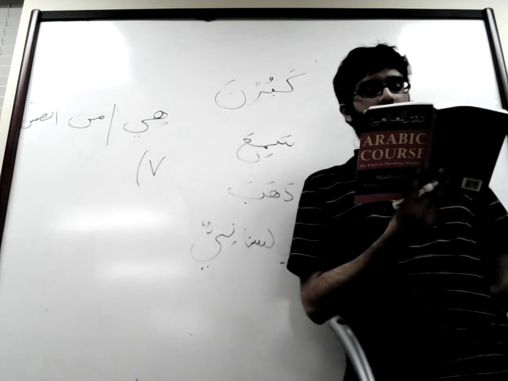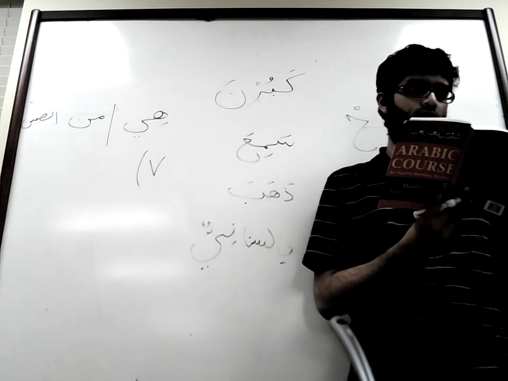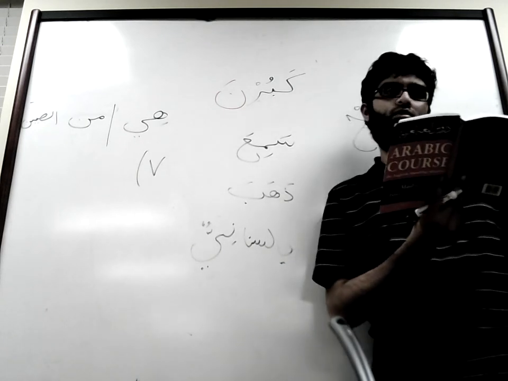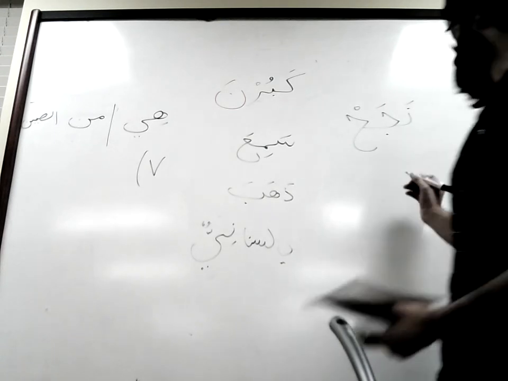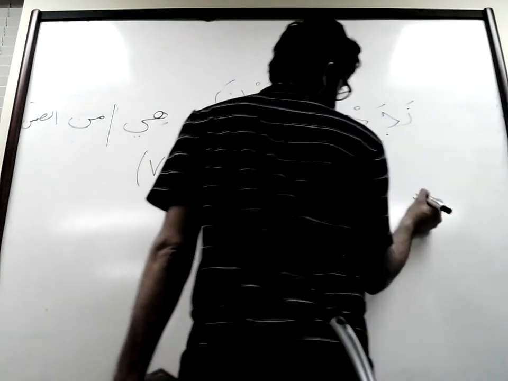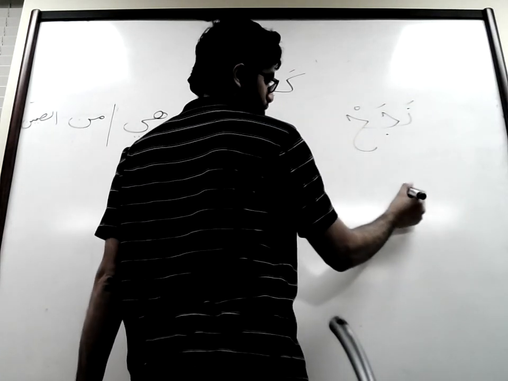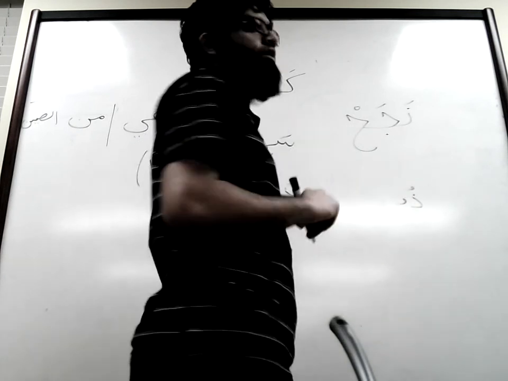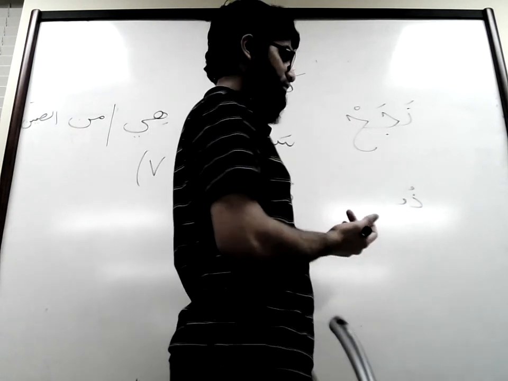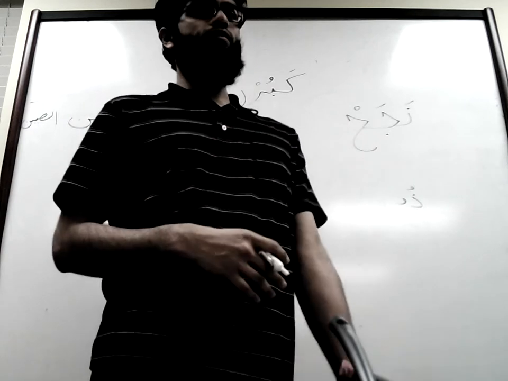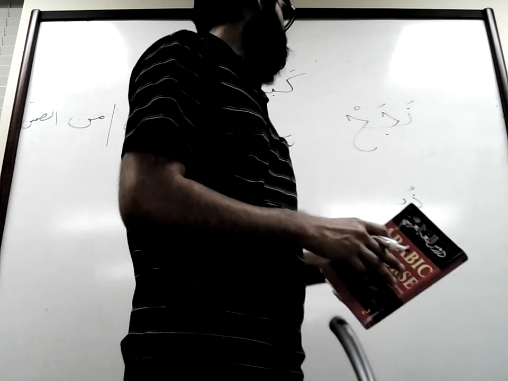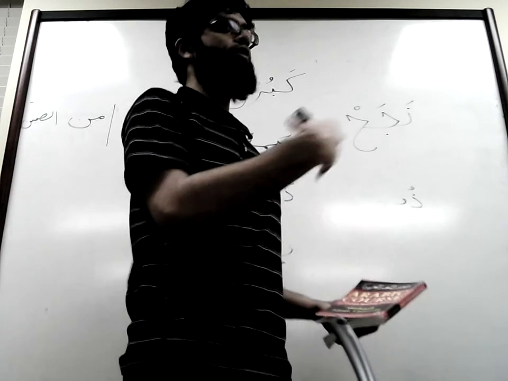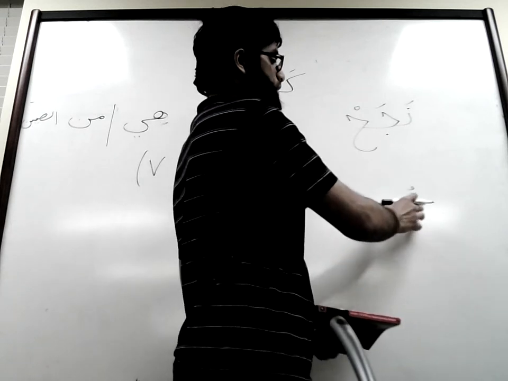Next exercise. تأمل الأمثلة الآتية لذو. So what's ذو? It says ponder the following sentences with the word ذو in it. So ذو means owning or having. Whatever you own or have, it's ذو. If the owner is male and single, it's ذو.